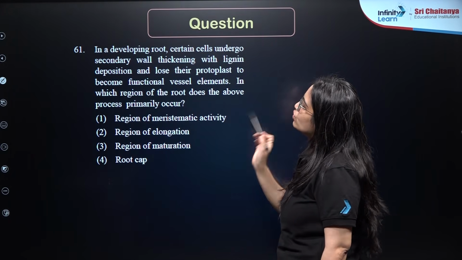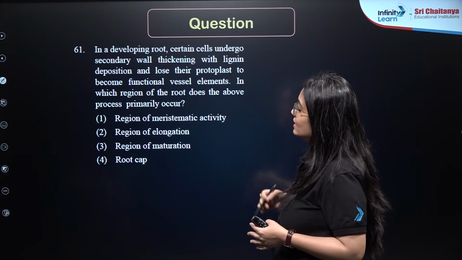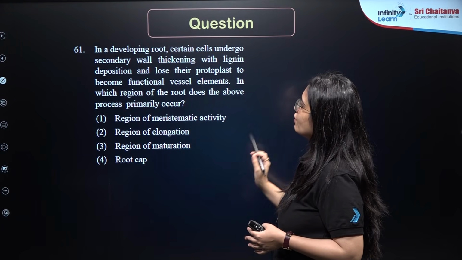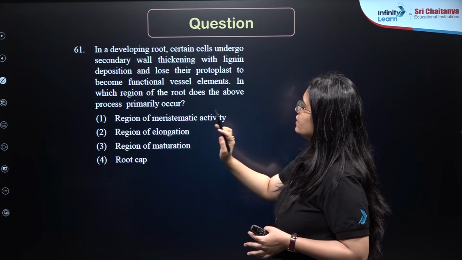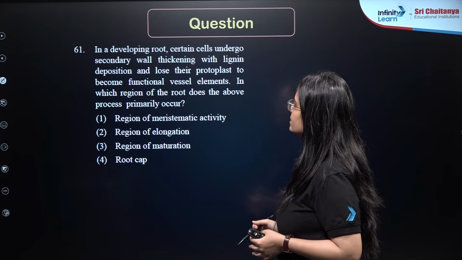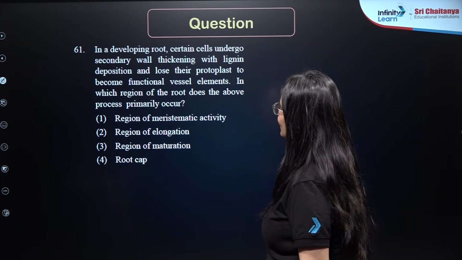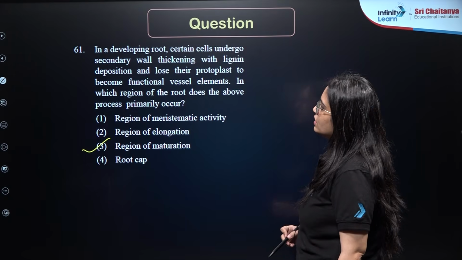In a developing root, certain cells undergo secondary wall thickenings with lignin deposition and lose their protoplast to become functional vessel elements. In which region of the root does the above process primarily occur? So it has to be, my dear students, the region of maturation.